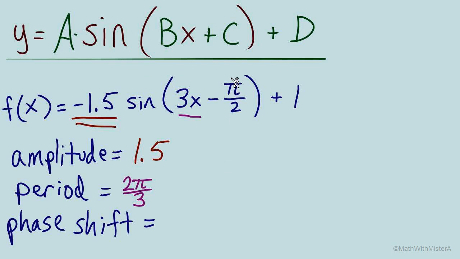The phase shift, we're looking at this pi over 2, and we have to divide that by b as well. Pi over 2 divided by 3 would be pi over 6, and it's a negative in here, which we know is shifting to the right, so we want to come up with a positive phase shift, positive pi over 6. And using that expression negative c over b would also lead to this result of a positive pi over 6.